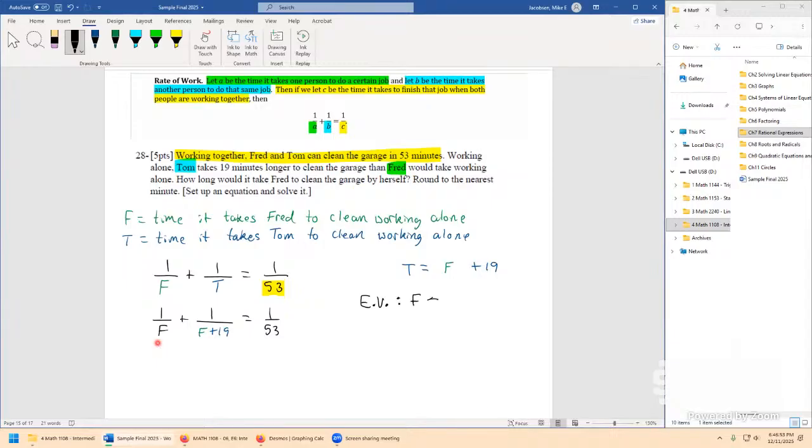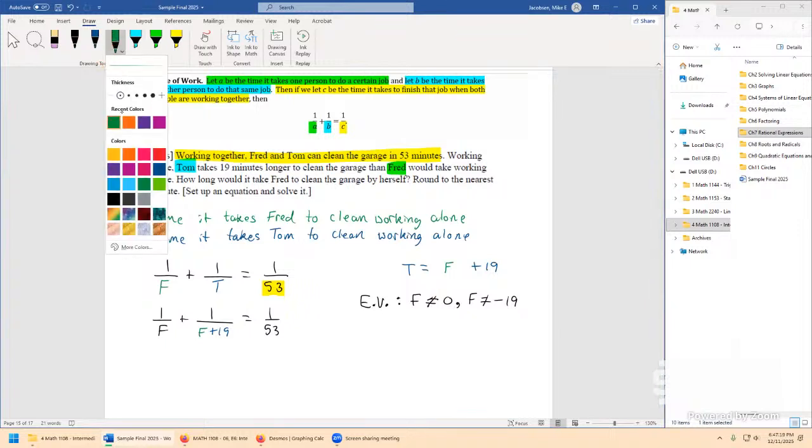Here, f cannot equal 0, and it cannot equal negative 19. But when you think about it, none of those values make sense because f is the time it takes to do a physical action, clean the garage. So 0 means you didn't do anything at all, and negative 19 sounds like time travel, so we're just eliminating things that are just unreasonable in the whole problem as well.